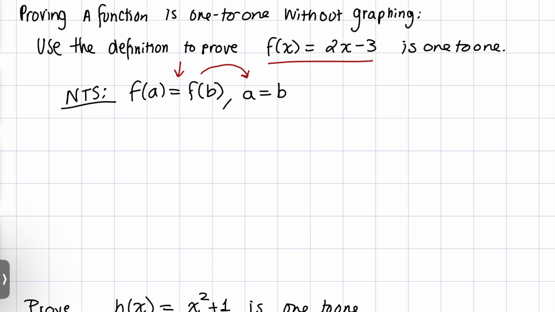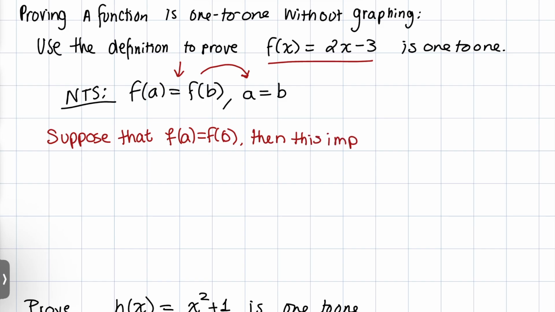So in order to do this, the first thing that we're going to do is we're going to say, suppose that f of A equals f of B. That's my first step. Then this implies the following.